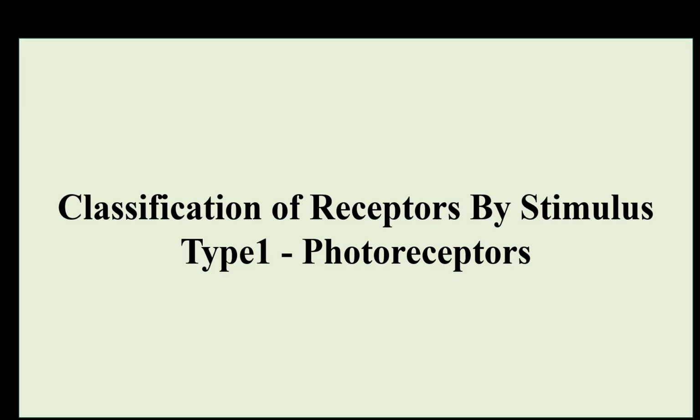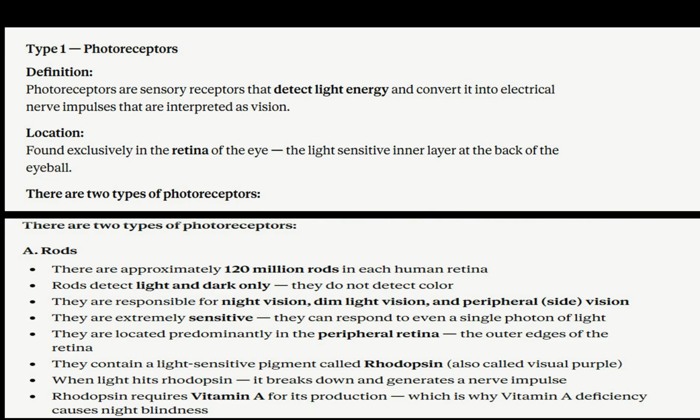Okay, all right, so let's get started and see what photoreceptors are. I'm sure you can recall one word, photosynthesis, from your basic education, right? So you know photosynthesis is something related to light. Similarly, photoreceptors are also related to light.